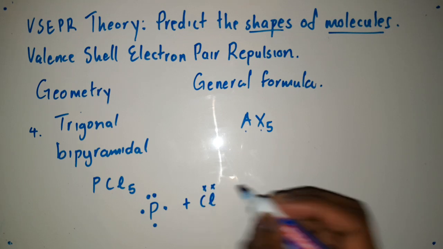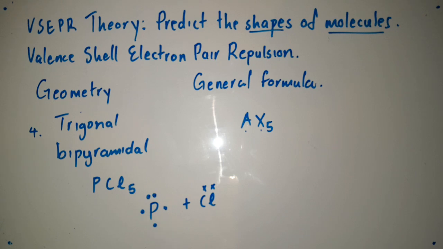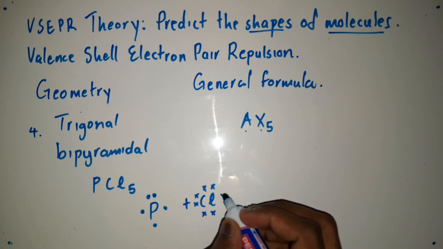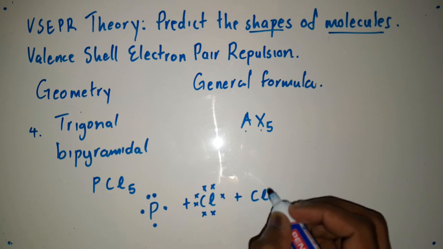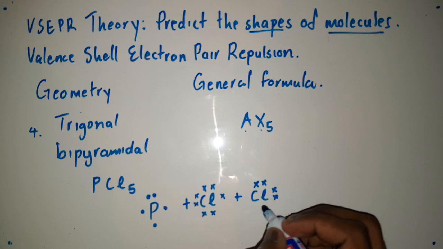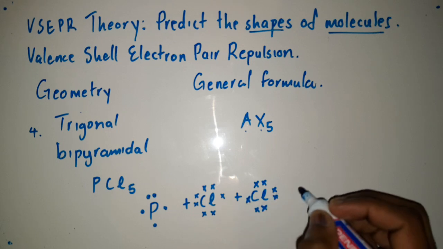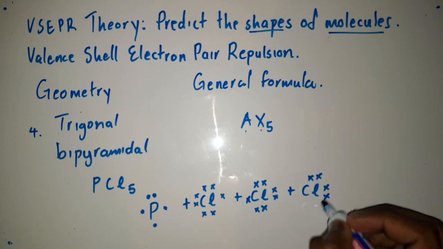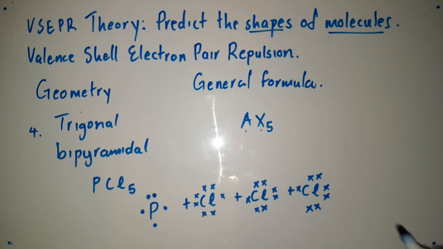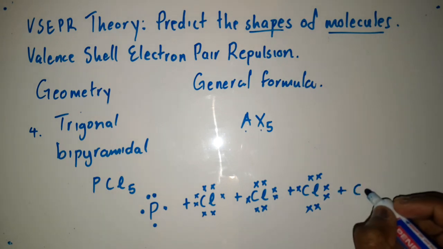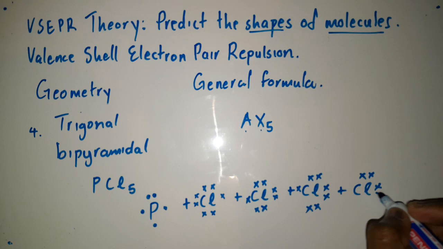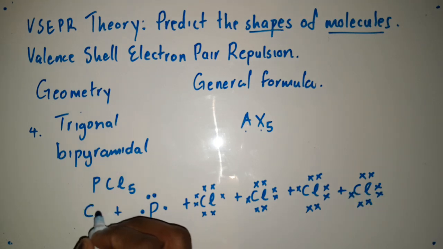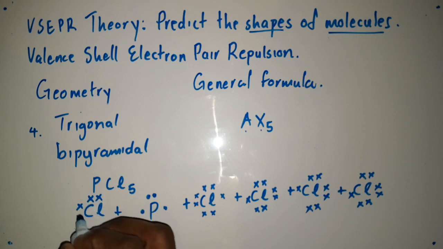Let me write X1. Hopefully I will have enough space. First one plus the second one, like this. And I also have a third one over here. Let me write another one somewhere here. Then the last one somewhere here. You see?